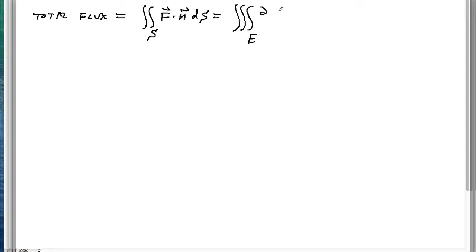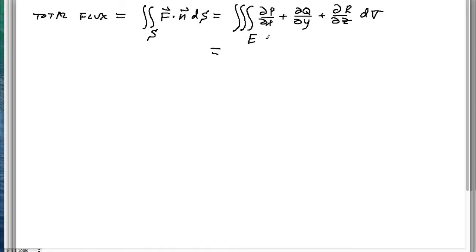So the total flux is equal to the double integral over the entire surface of F dotted with n dS, which is equal to the volume integral over E of the partial of P with respect to x plus the partial of Q with respect to y plus the partial of R with respect to z dV.